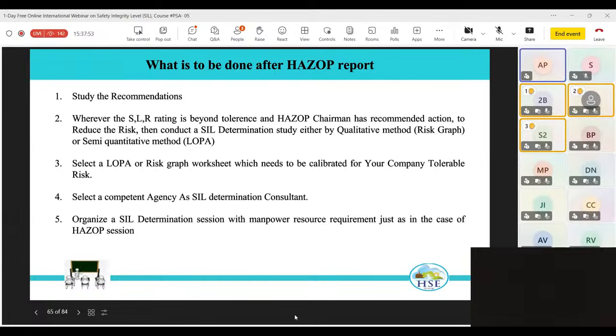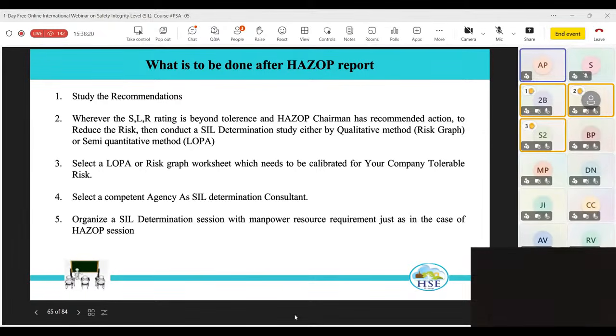So people tend to use it many times in the absence of company specific data or industry specific data. They go and use this CCPS data for failure rates and then conduct a typical LOPA analysis. Okay. LOPA analysis we are going to do today very quickly after some time. Not very detailed, only one deviation we are going to consider.